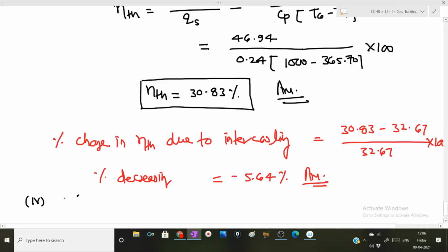Then fourth cycle is, that is basic cycle with heat exchanger and intercooling. Cycle 1, 2, 3, 4, 5, 6 and 7.